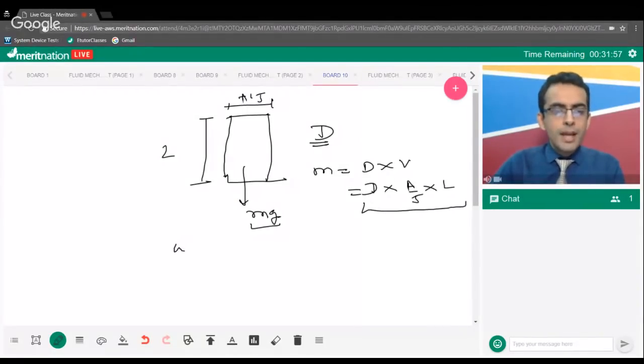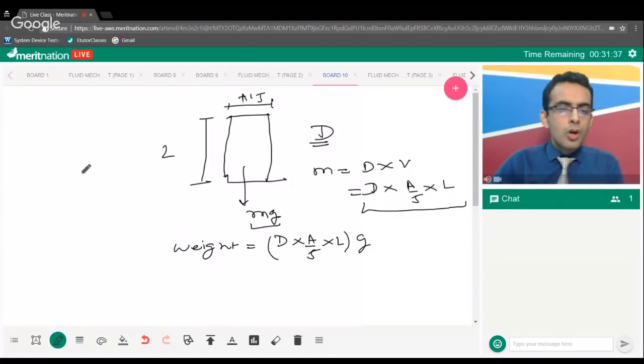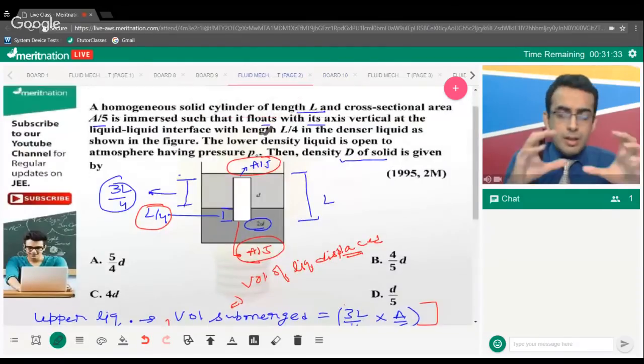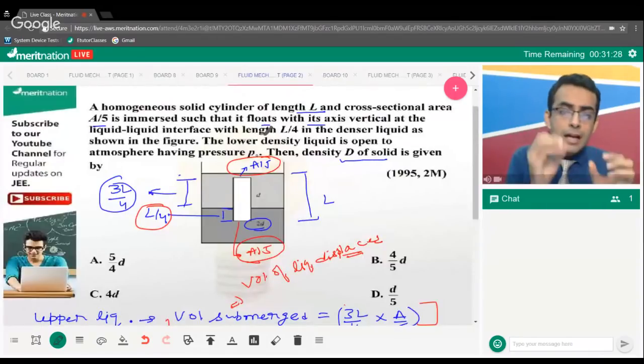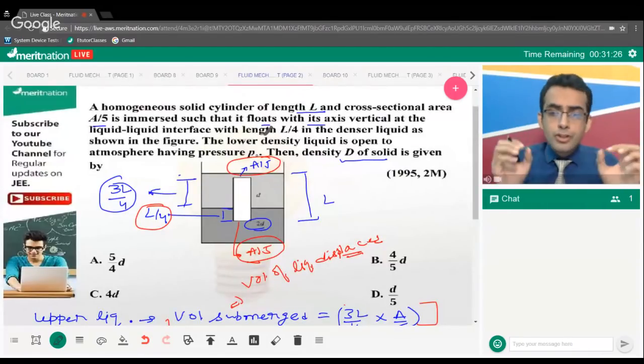So what is weight? Weight is equal to m into g. So you can say it's D into A by 5 into L multiplied by small g. That is the weight. Now you can understand from the problem that the cylinder is in equilibrium. Equilibrium means the net force on the cylinder is 0.